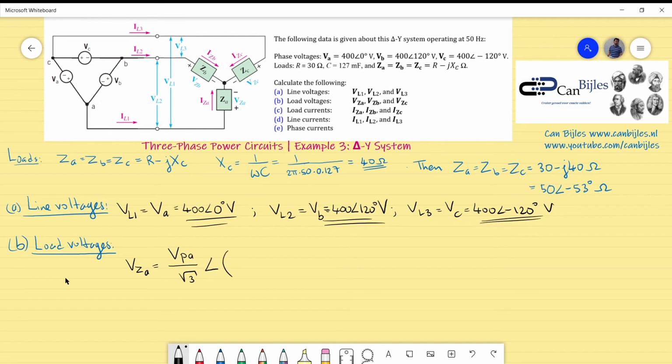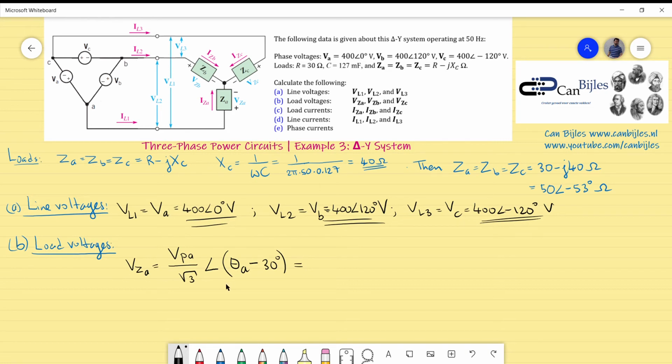The total phase will be the phase of the source of A, the phase of VA, minus 30 degrees. So what do I mean by that? This one is just the amplitude of VA, so that's just 400. And this one is the phase of VA, that's just 0 degrees in this case.